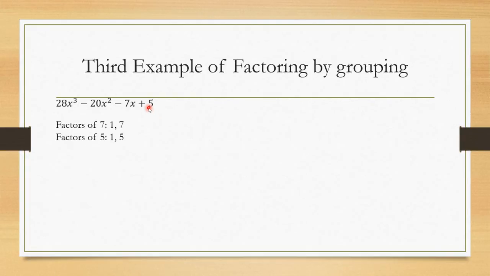If you were to look at the factors of 7 and 5 alone, you would see that these two numbers only have 1 as a common factor. That tells you the greatest common factor among the coefficients and the constant term has to be 1. It's the only factor they all have in common.